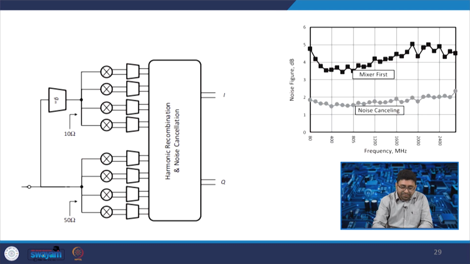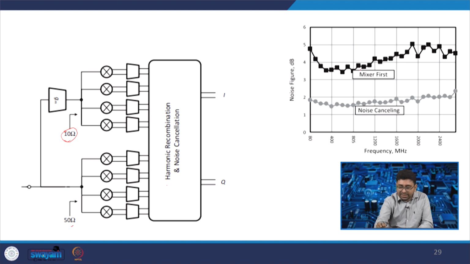So, if we have the harmonic recombination and noise cancellation block here, you can see this input impedance, we can realize the low input impedance, and this is 50 ohm.